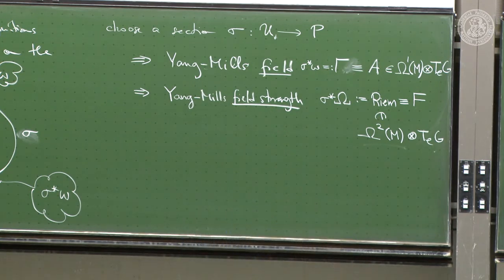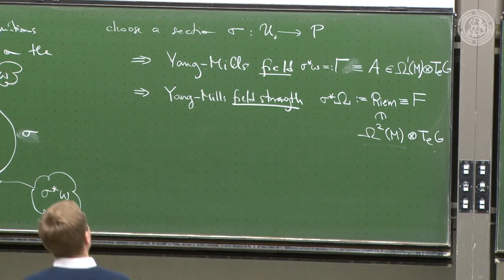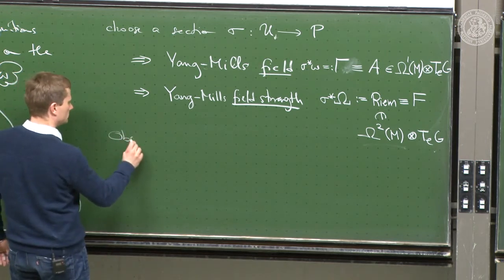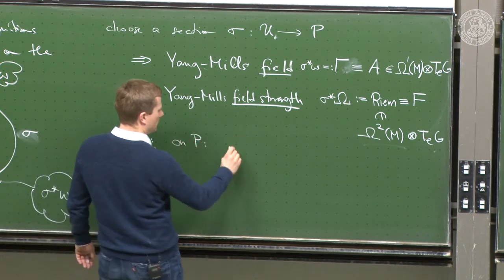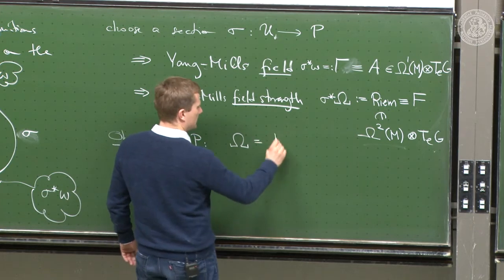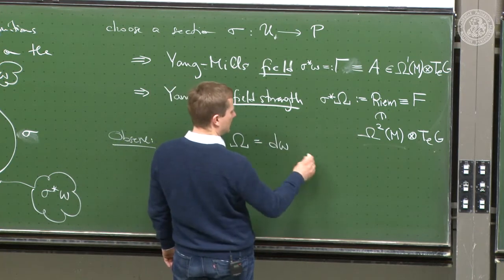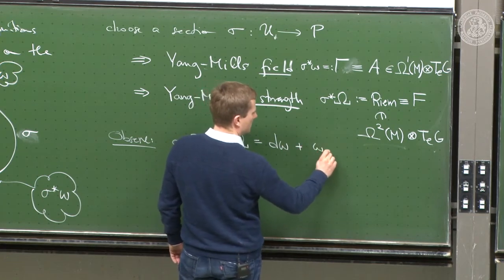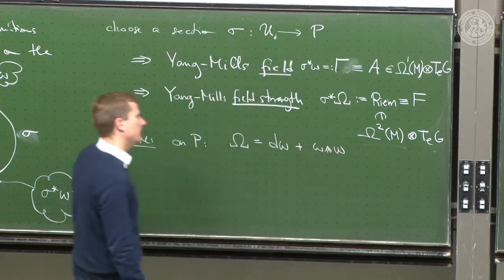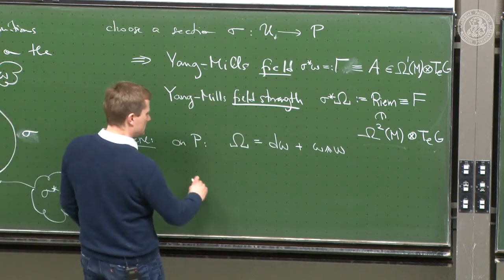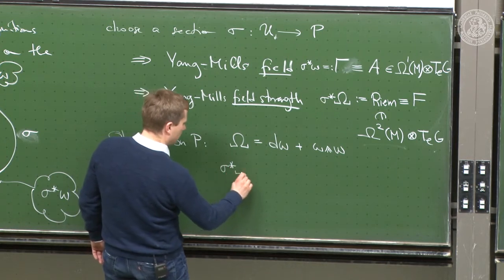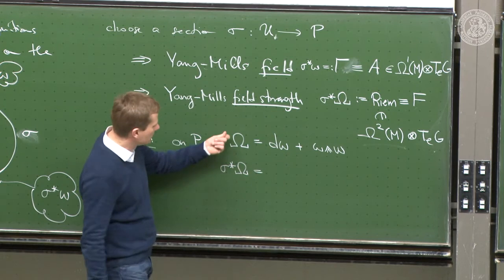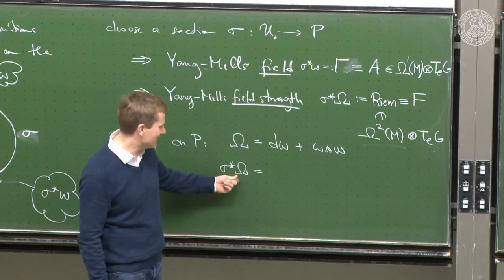And so now, after you did that, you of course observe the following. We had on the principal bundle, on P, this 2 form that is the exterior derivative of the Lie algebra valued 1 form plus the double wedge here. Okay? Now, if you push this down, so say we really look at the pullback of this curvature to the field strength, okay?